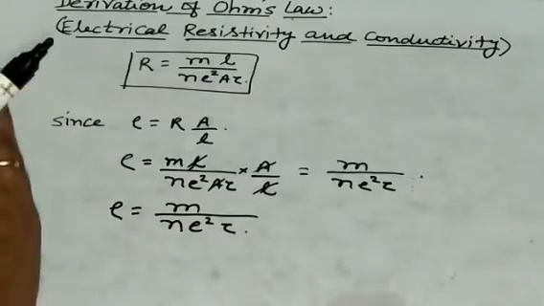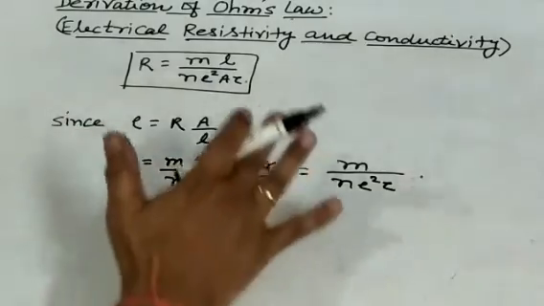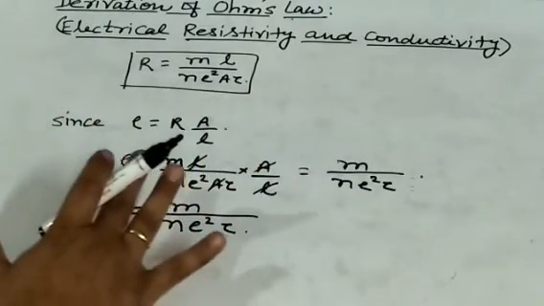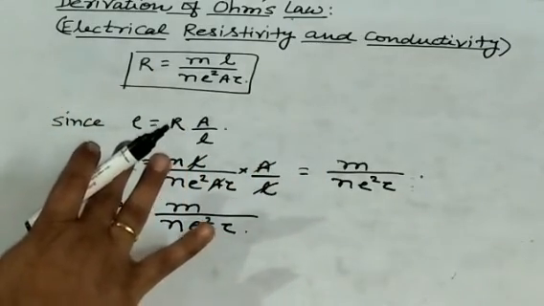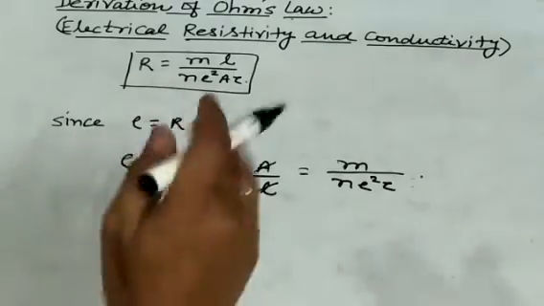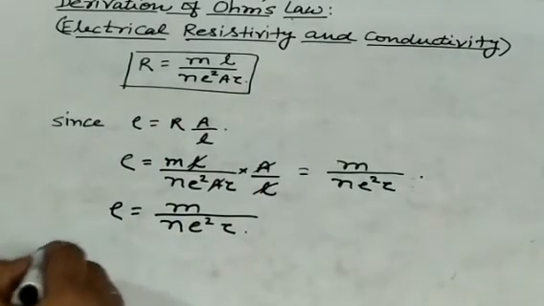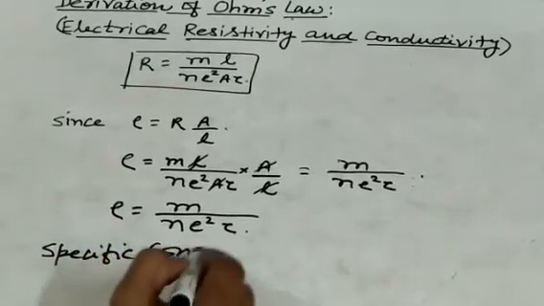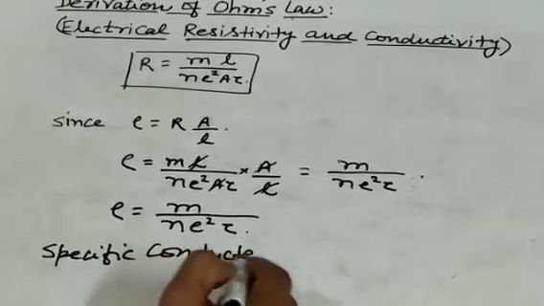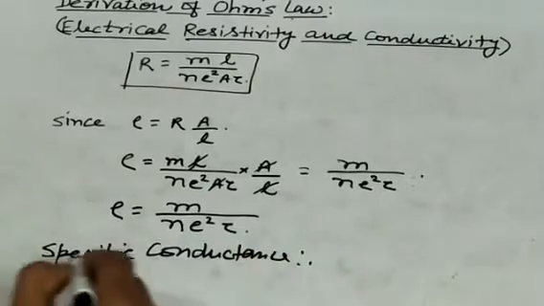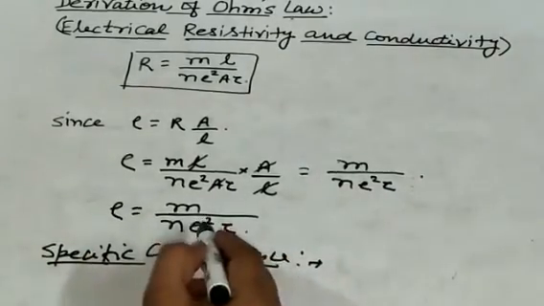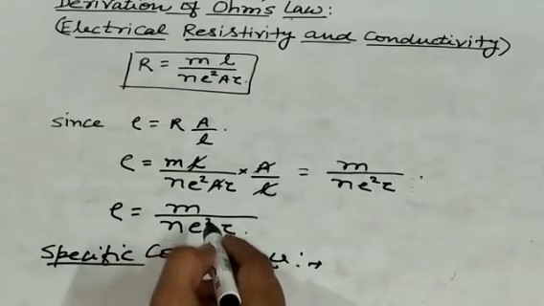So dear students, today all of you go through this topic which I have just discussed in this video, and also from your book please go through the specific conductance, because I want to tell you about specific conductance. A specific conductance is the reciprocal of a specific resistance.